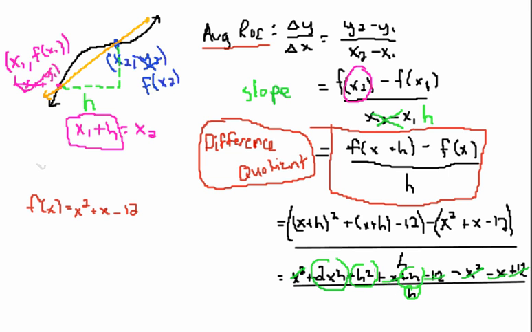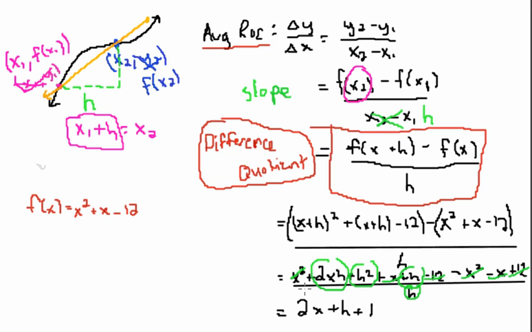You notice everything has an h in it, so you can cancel out an h from everything. And we're left with 2x plus h, and then plus 1, because h over h is just 1.